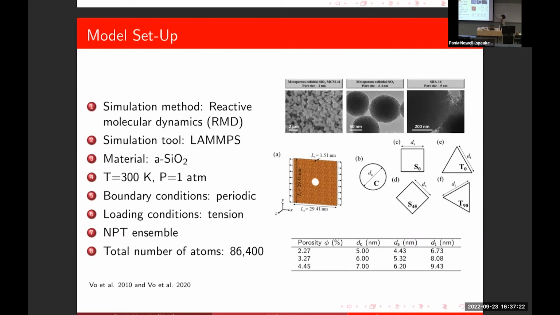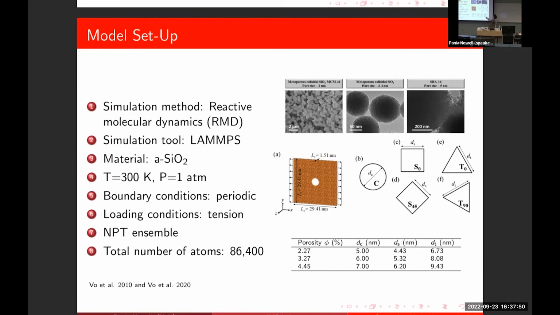You may ask, how did we end up at this size, 29.41 nanometers? That goes to a lot of setting up simulations, making sure that when you are applying periodic boundary conditions and extracting the properties, you converge to the solutions that you want. It always gives you the same properties, independent of the domain size.